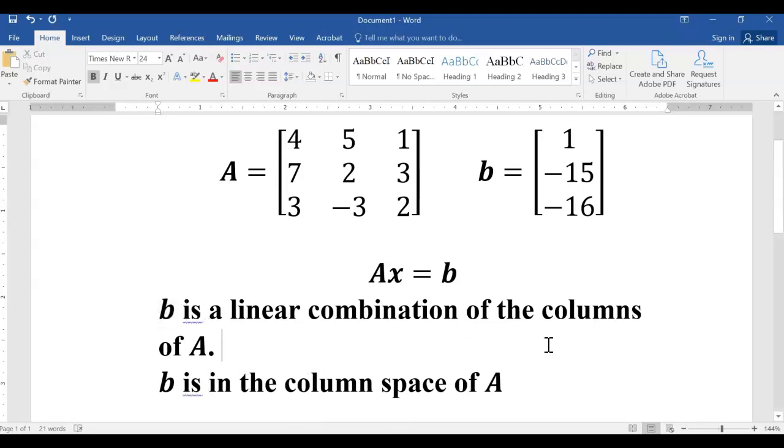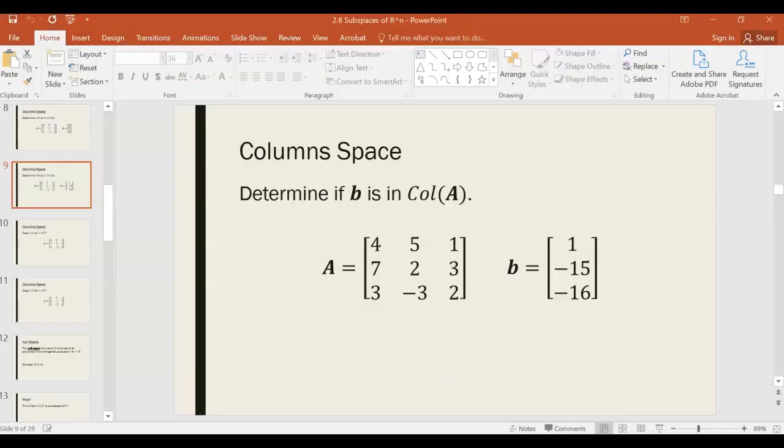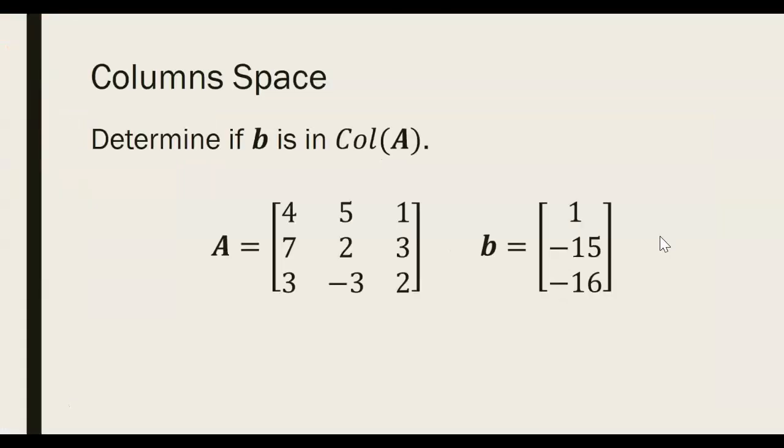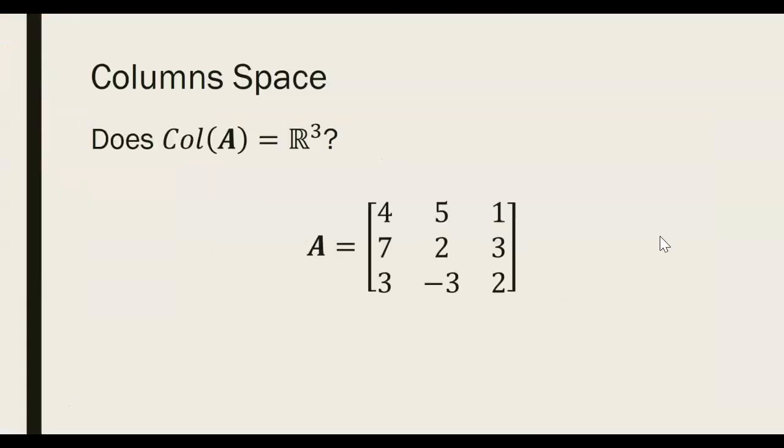All right. Hopefully that all makes sense. Now, we can go from asking if single vectors are in the column space of A to asking ourselves, for instance, does the column space of A actually give us all of R3? Can we get any vector in R3 from a linear combination of the columns of A?